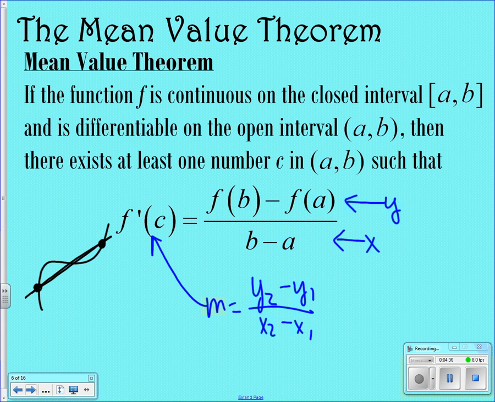At some point here, the slope of your graph is actually going to be the same as the slope of the line that I drew in. And it exists at c. It doesn't tell you how to find c, it just tells you that it does exist. So that is the mean value theorem, MVT. Not MVP, MVT.